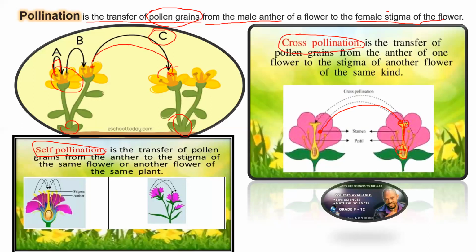Therefore, a new individual will be born from that. That will be sexual reproduction. In this case, we are looking at sexual reproduction because it involves gametes, production and fusion of gametes. The gametes here are the sperm cells and the ovules. So with that in mind, let's look at our next slide here.